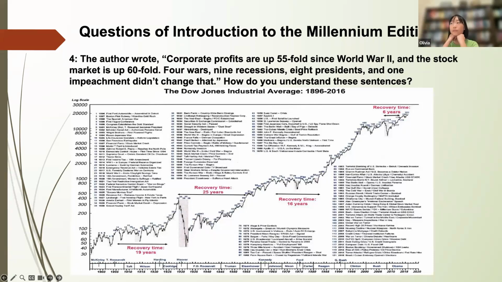Also, Chloe? I understand it as, even when bad stuff happens, like wars in this example, it doesn't mean the stock will always lose money, because you never really know what happened.